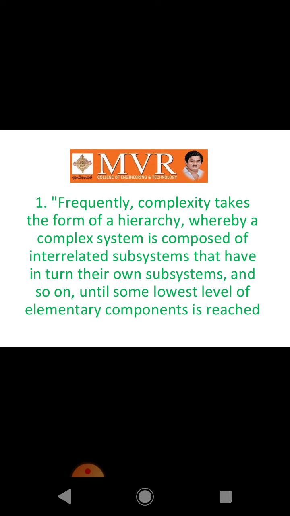The entire system is divided into subsystems, and a subsystem is divided into sub-subsystems, and the sub-subsystem is again divided into elementary components. Here you can see the hierarchy. At top level system, and the next level subsystem, and below that sub-subsystem, and the leaf nodes or elementary nodes are the components. So in this way the system is divided. If this first attribute is satisfied, then the system is called a complex system.